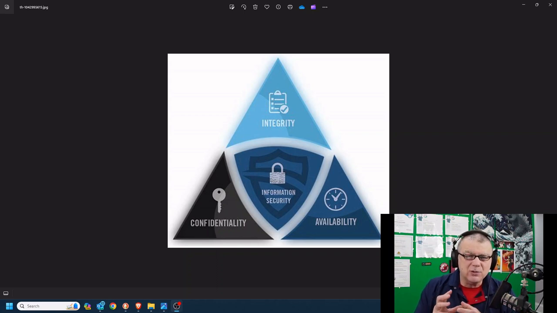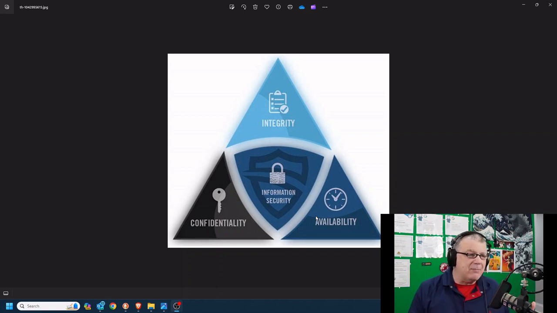What information security is trying to do is, here's information, and we are trying to protect that. We'll talk about the different types of information in a bit. We don't want it disclosed or captured by somebody else because it has the potential of doing harm. Something as simple as somebody stealing your credit card number has the potential of causing you financial harm. So we need to protect that.